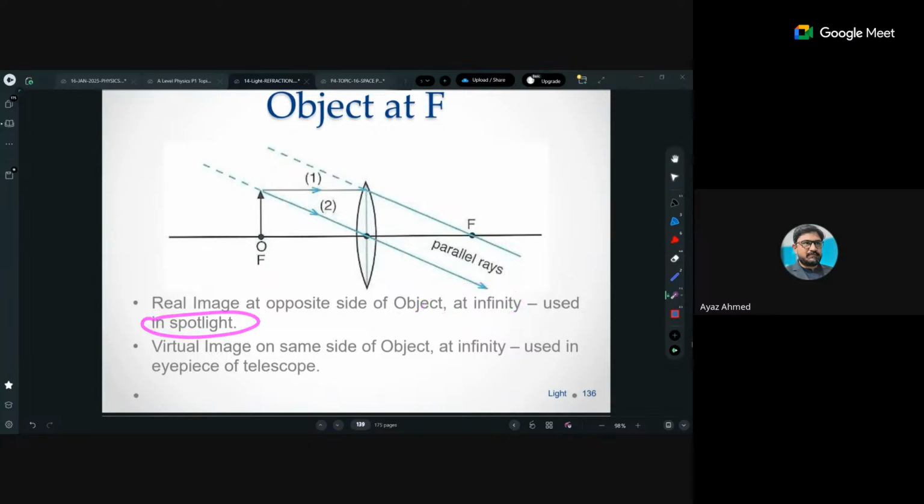It is used in spotlights. Did you see the light beams in the banquet halls? I think they use this technique. They throw the light, and for example, if you see the light from the banquet hall, you'll see it is coming from that roof, or it will be stopped just 1 kilometer away.